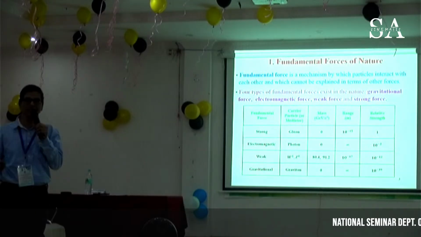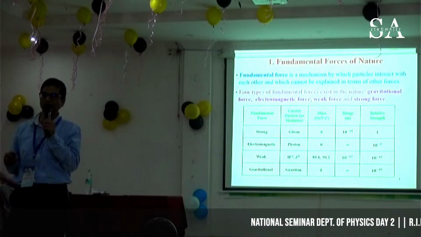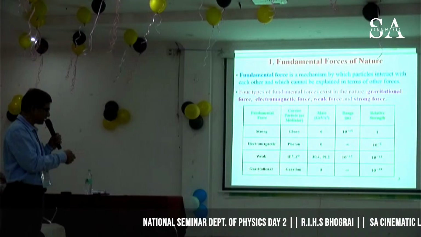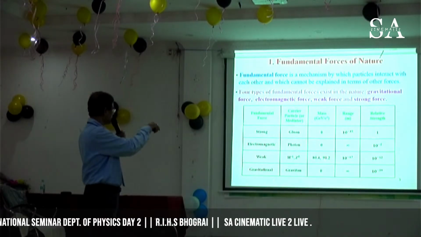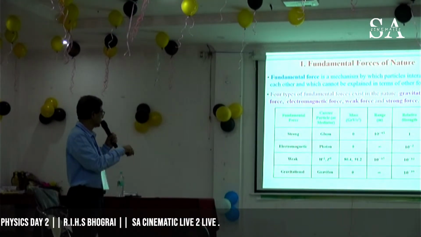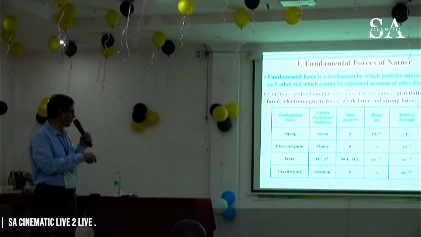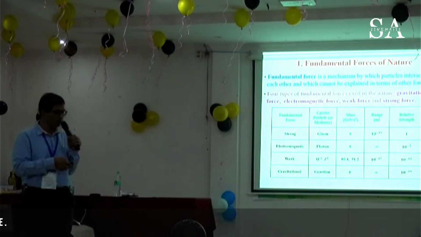Although it is the weakest, it is responsible for the large structure of the universe. For each fundamental force there are intermediate particles or force carriers: for the strong force, the gluon; electromagnetic, the photon; weak force, the W and Z0 bosons; and gravitational force, the graviton.